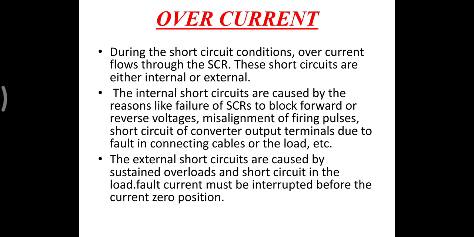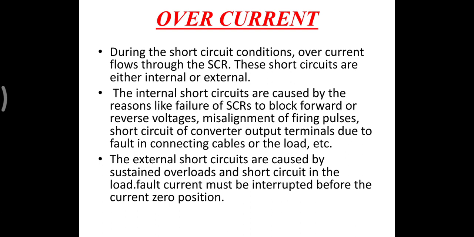So here also these overcurrents are divided into two types. One is internal and the second one is external. The internal short circuits are caused by reasons like failure of SCRs or misoperation of the SCR, or a short circuit of the converter output terminal due to a fault in the connected cable or loads.